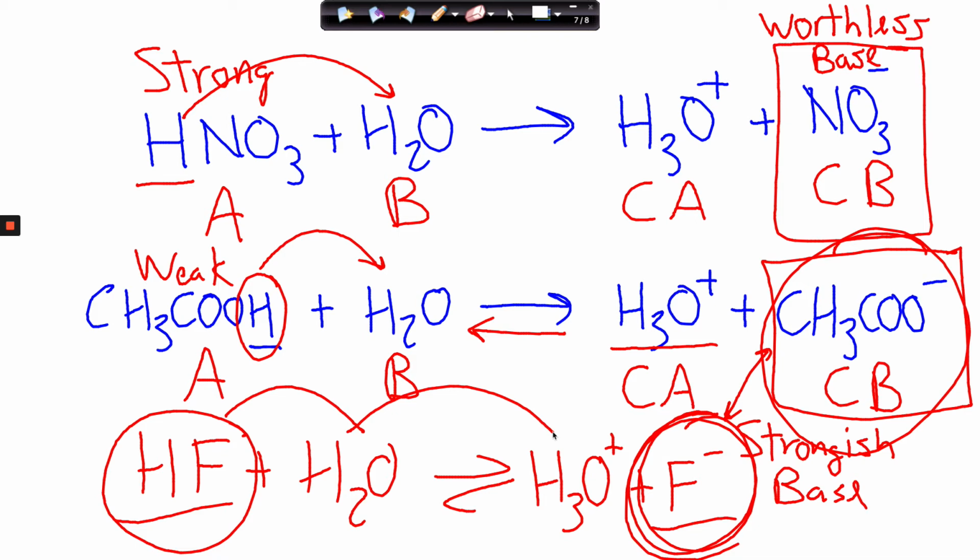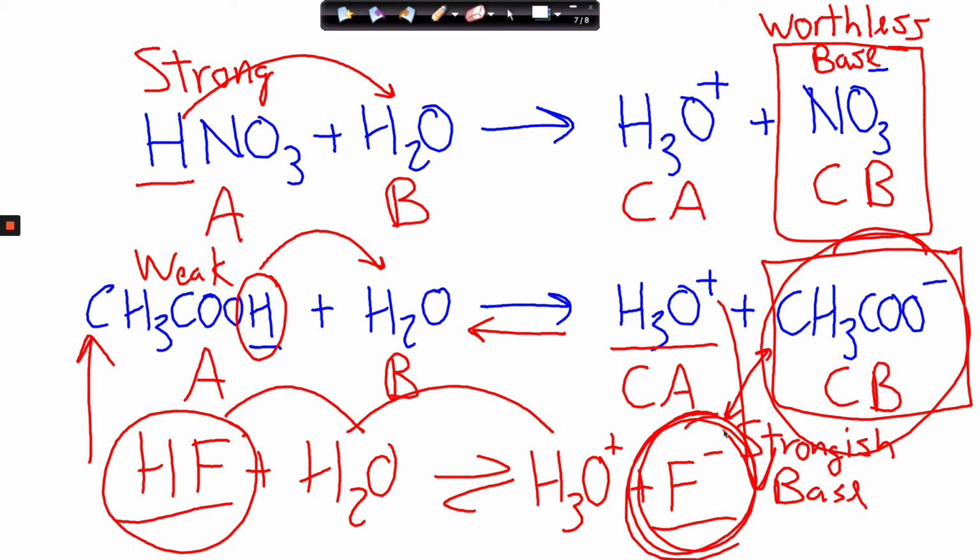And because this is a weaker weak base, it doesn't drive the reaction that direction so much, and it makes the HF stronger. So just a second, here's the relationship. The stronger the acid, the weaker the conjugate base. Does that make sense? The stronger the acid, the weaker the conjugate base.